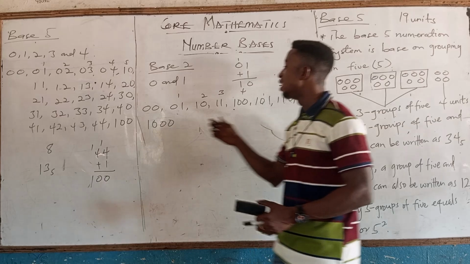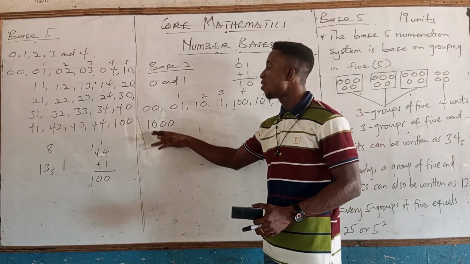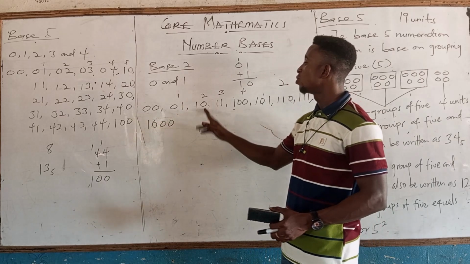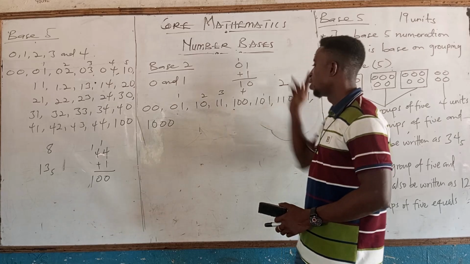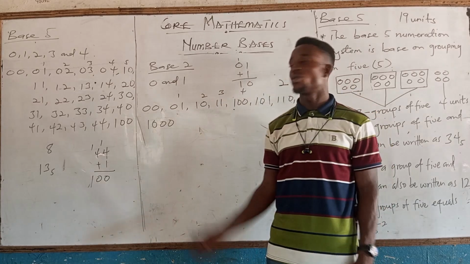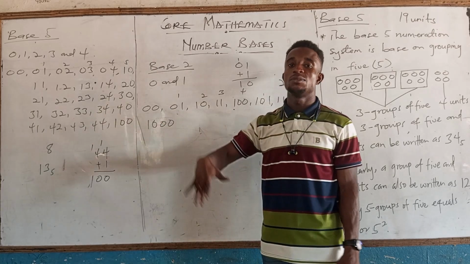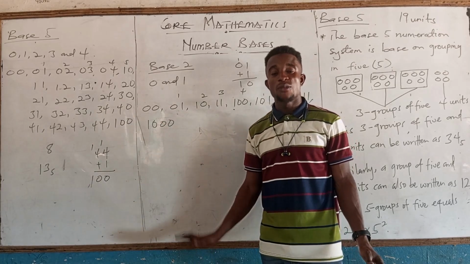So meaning this one is the 8th number. So counting, I'll have 0, 1, 2, 3, 4, 5, 6, 7, 8. So meaning 8 units has been grouped into 2s. Are we getting that?